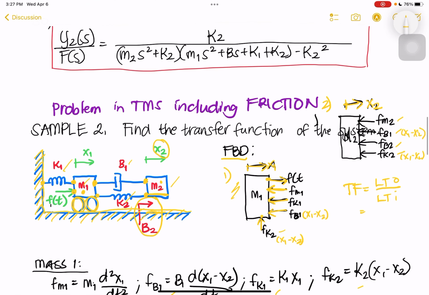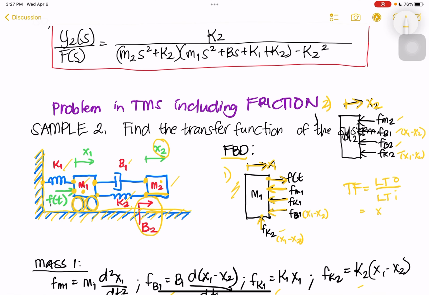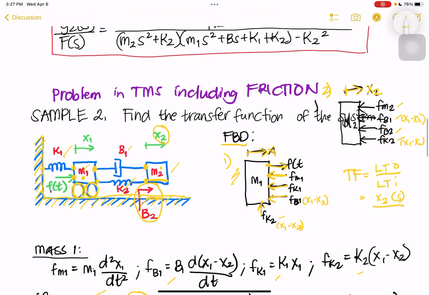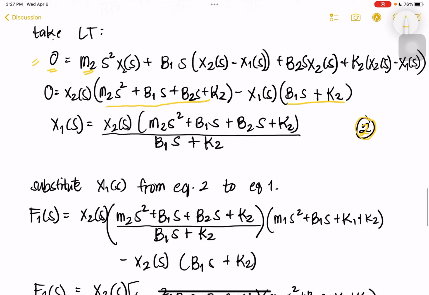Our output is x2, and its Laplace transform is X2 of s, and our input is f of t, and its Laplace transform is F of s. So we want to eliminate X1 of s in our equations. That's why we have to equate the equation to X1 of s.